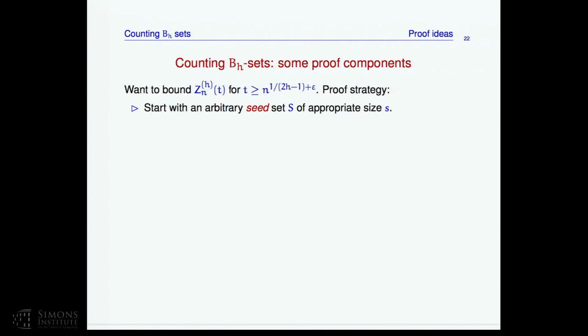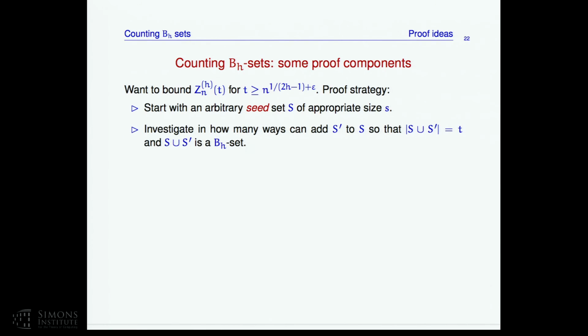So the proof strategy is as follows. We start with some set S, S is a B_h set, and S is smaller than t. And then we ask ourselves in how many ways we can increase S to a t-element B_h set by adding some set S prime to S.